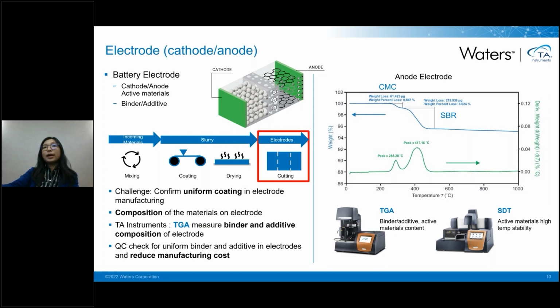In TGA, you can measure the binder and additive composition in the dry electrode. The example on the right is an anode electrode that contains CMC and SBR.